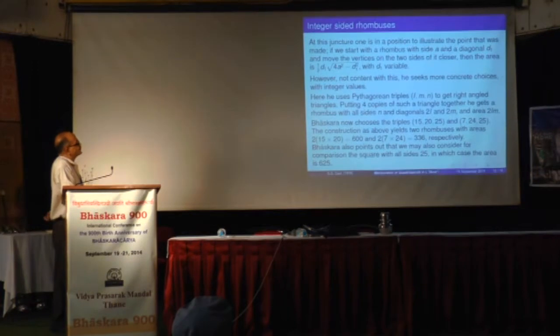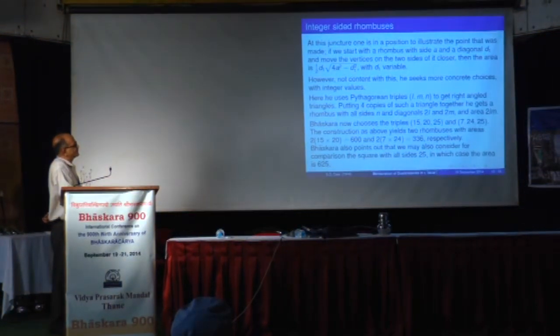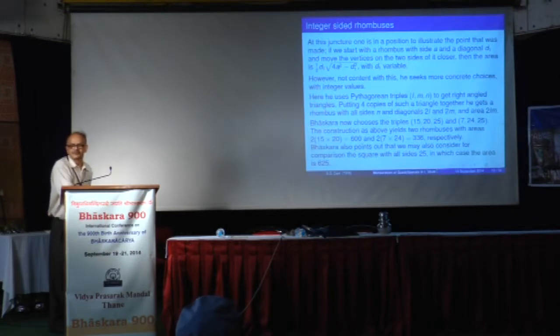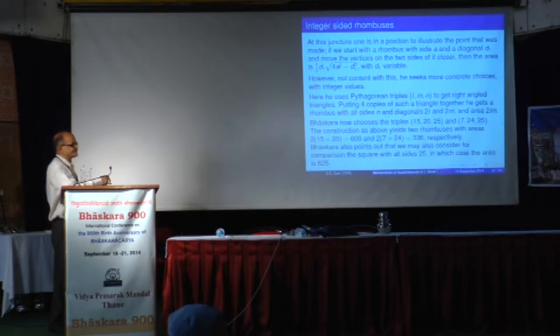He chooses two such triples, 15, 20, 25 and 7, 24, 25. So these are two Pythagorean triples with the same value for the hypotenuse, but different values for the other sides. Therefore, when you construct the rhombuses with these two triples, they will be different shapes.